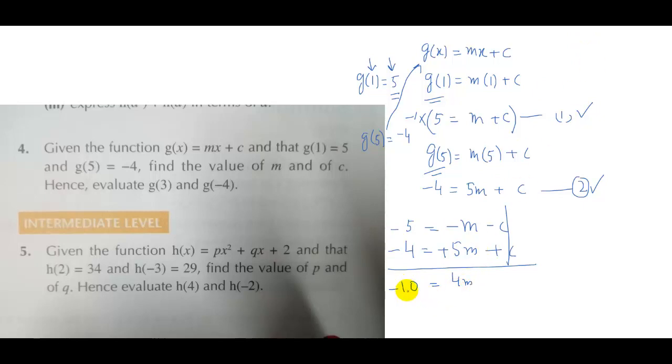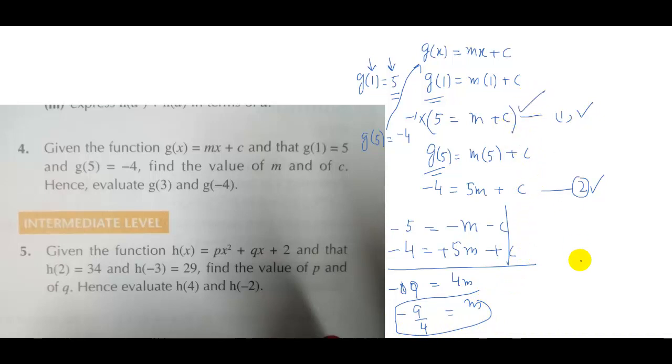Sorry, it is 9. So m is minus 9 over 4. Now we have found m, and we will put this m in any one of the equations. So I will put this in equation number 1.